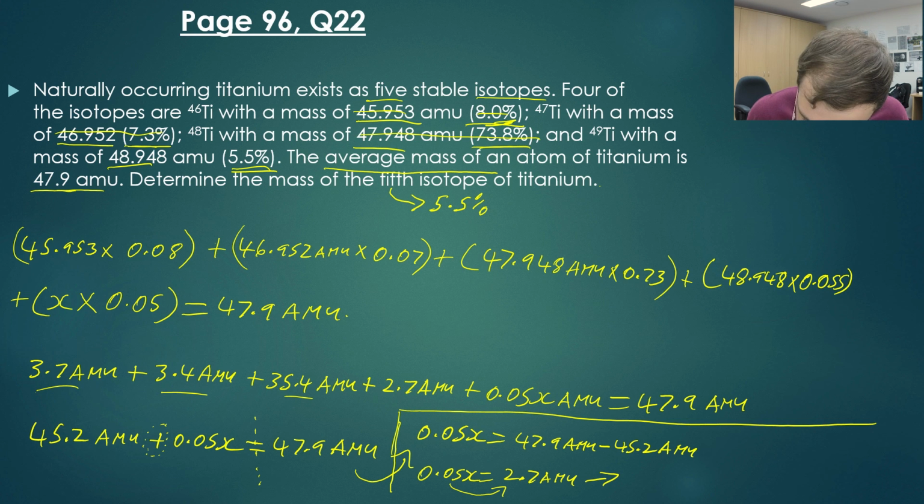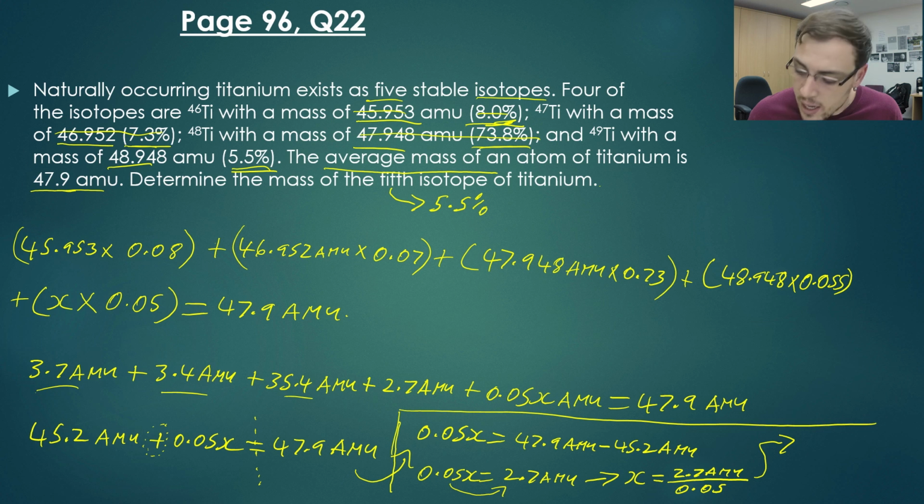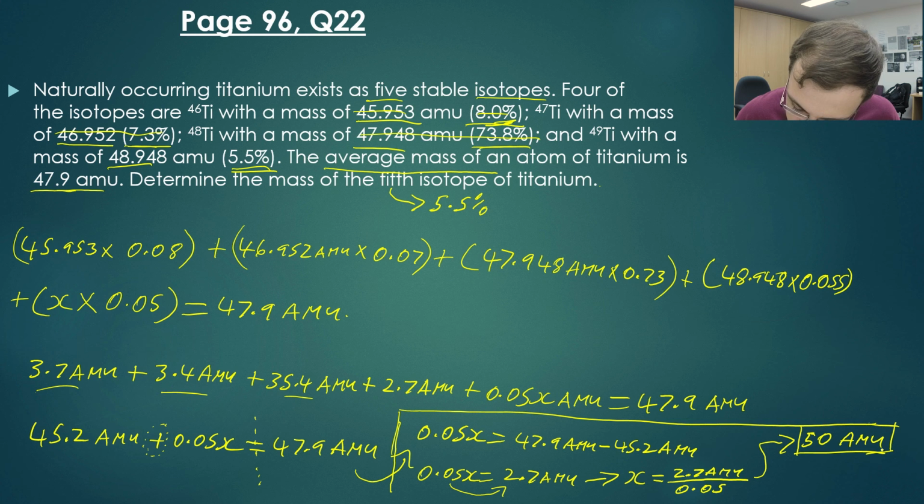So it's going to be x is equal to 2.7 AMU divided by 0.05. Now, if you push that into your calculator, you will get an atomic mass of 50. And that is the mass of our unknown 5th isotope.